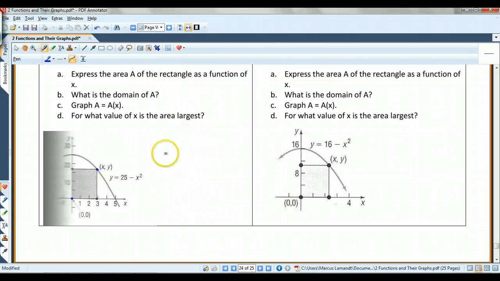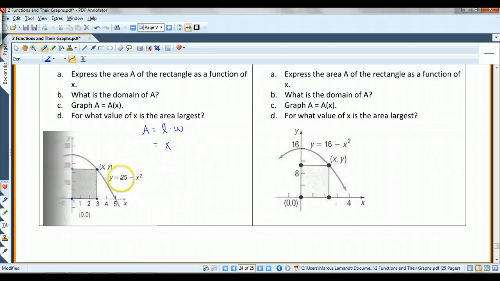Well, okay, so you need to think, how do you find the area of a rectangle? Hopefully you guys know the equation. Length times width. In this case, your length is just going to be your x. Your width, or your height in this case, is your y.